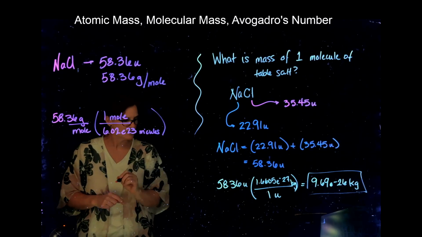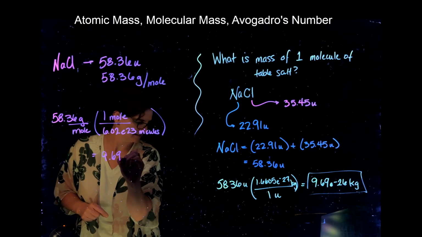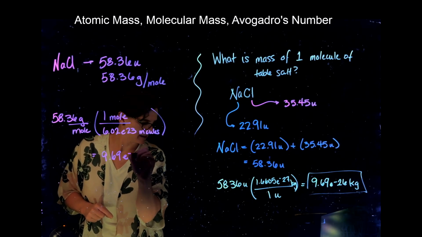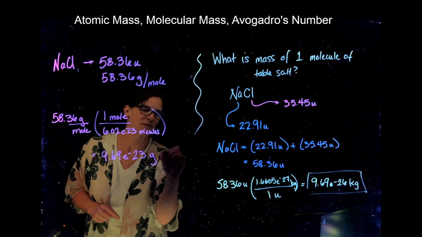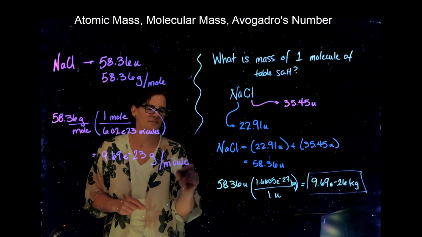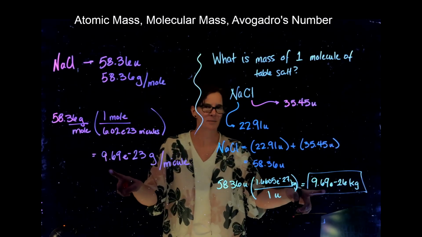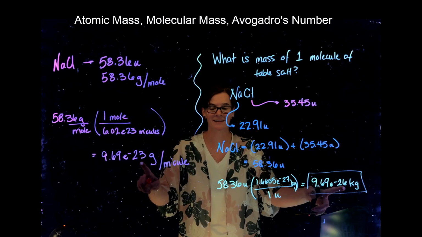And so if I do that math, I get 9.69 times 10 to the minus 23 grams per molecule. Okay, so the number is the same, but my power of 10 is different. But what do we notice?